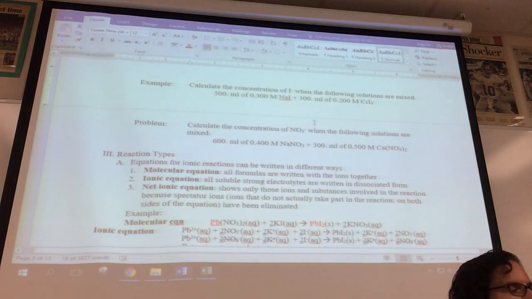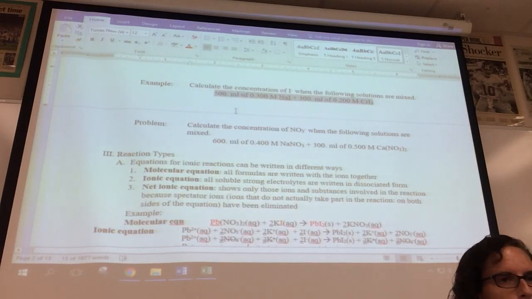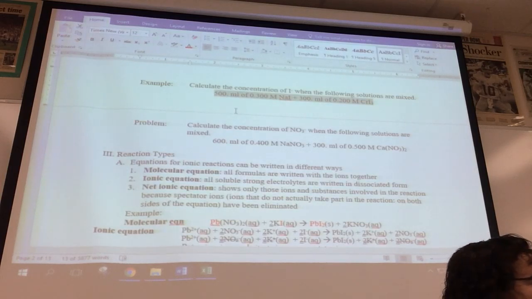It says calculate the concentration of iodide ion when the following solutions are mixed. We've got these. We want iodide. This one's trickier. For those of you running ahead, be careful because the volume is additive.